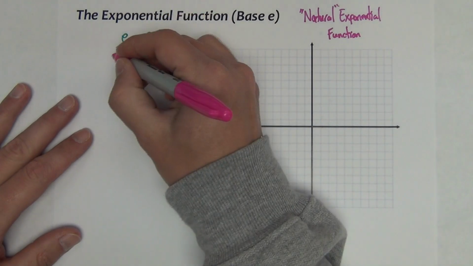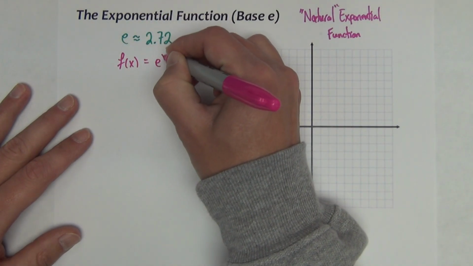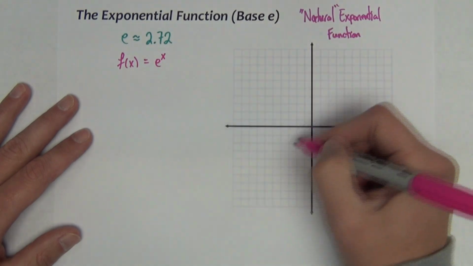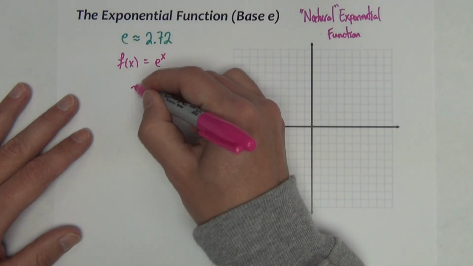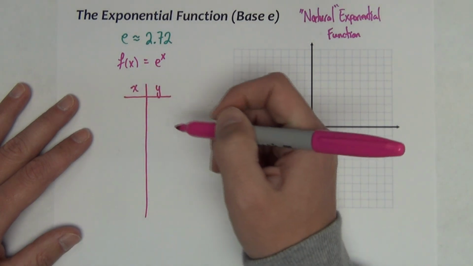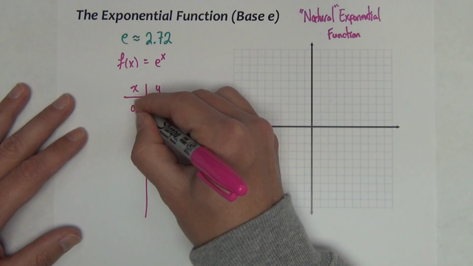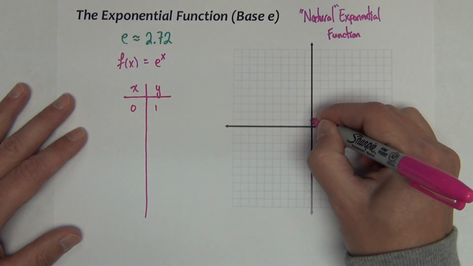So if I were to take the exponential function f of x equals e raised to the x, and attempt to graph it over here, well, we'd begin with maybe e to the 0, and e to the 0 is 1.